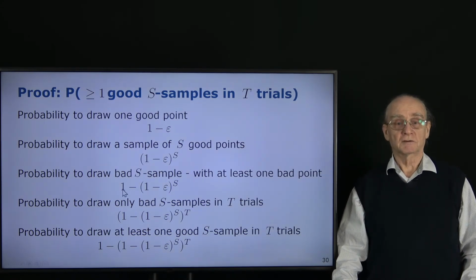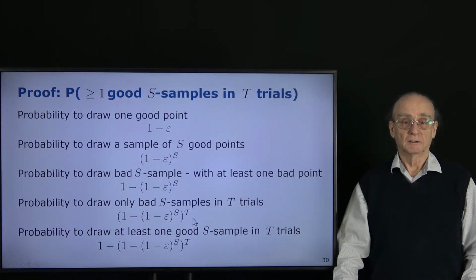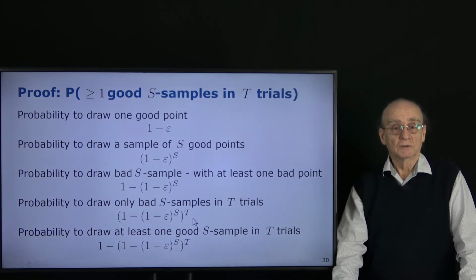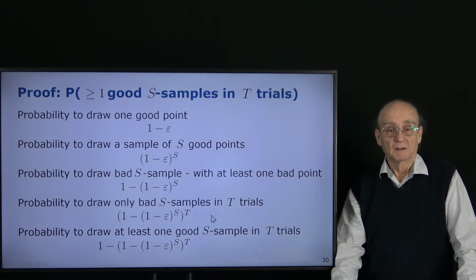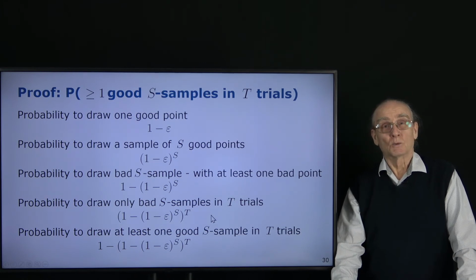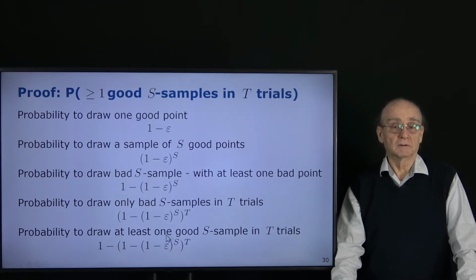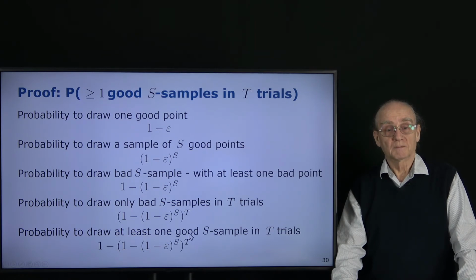So we just have to take this expression to the power t, so we get the probability to draw only bad samples in t trials. And of course we want at least one good sample, so we take 1 minus this expression, and we get the probability to draw at least one good sample of size s in t trials, if the error rate is epsilon.